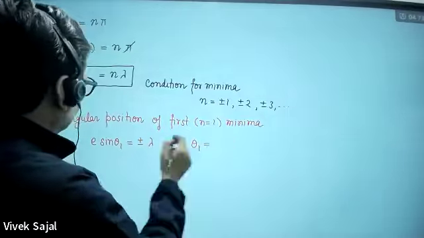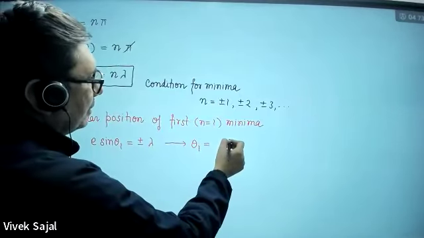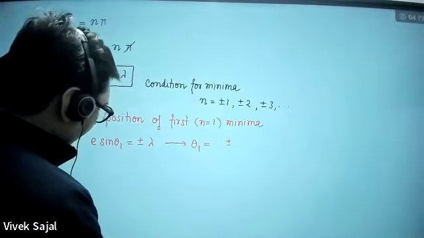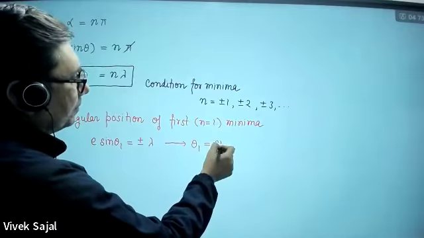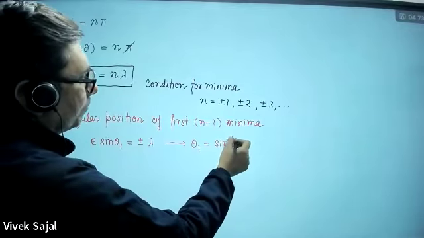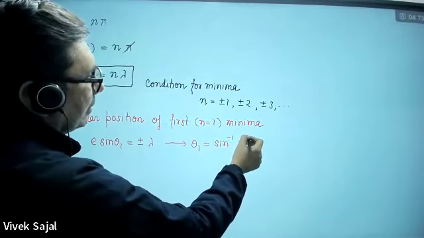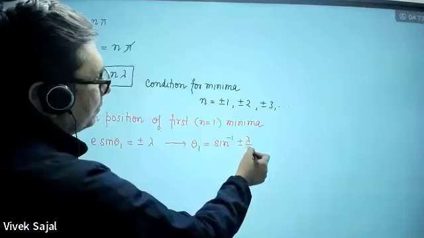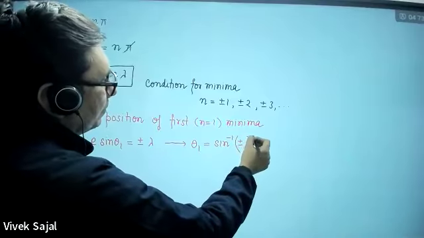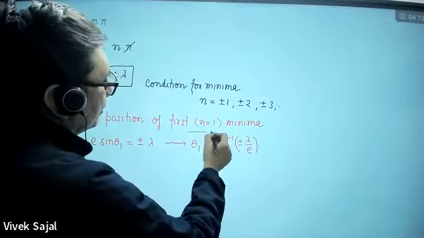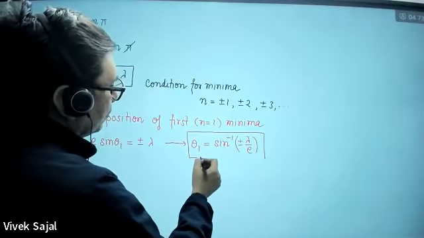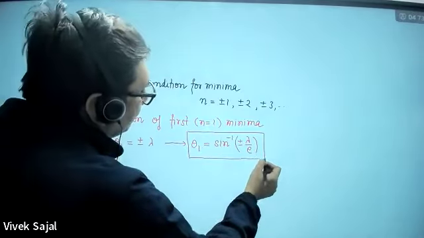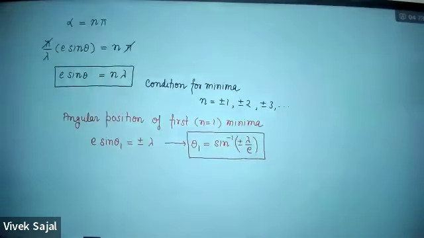This will be lambda by E, plus minus, or I can write this will be sine inverse of plus minus lambda upon E. This will be the angular position of the first order minima on both sides.